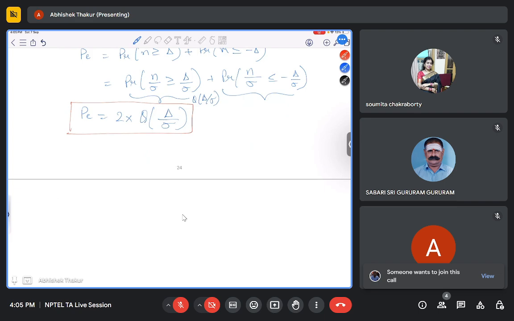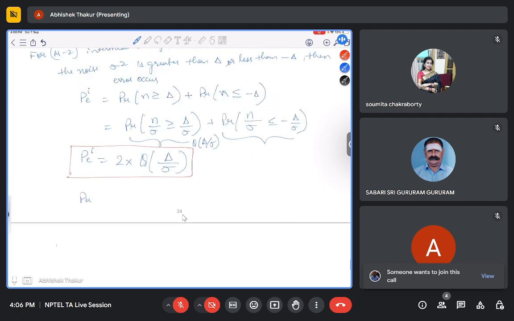Now the probability of error for the intermediate symbol we denote as such, and the probability of error for the edge symbol is simply Q of delta by sigma, because the error occurs when the noise is greater than delta for the right edge, or for the left edge, less than minus delta.